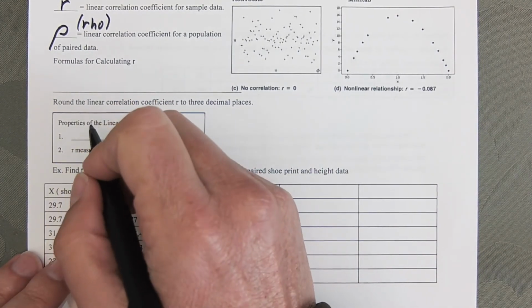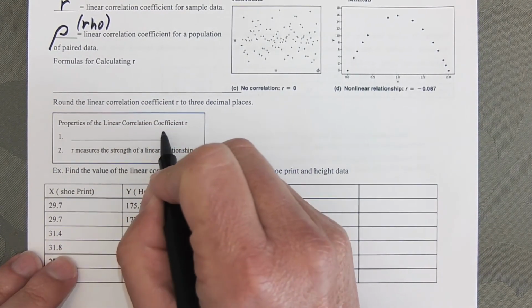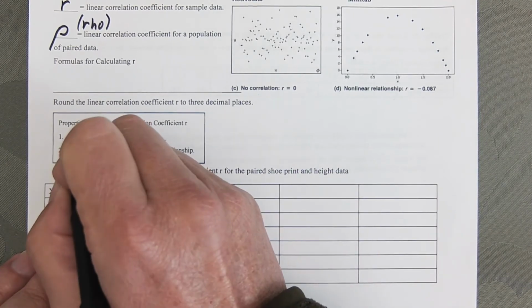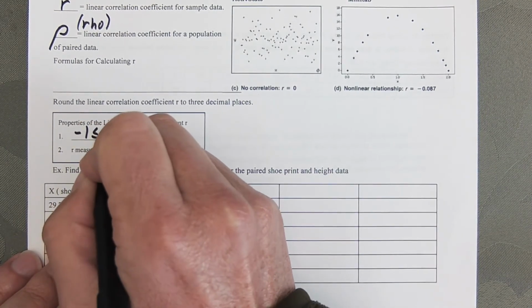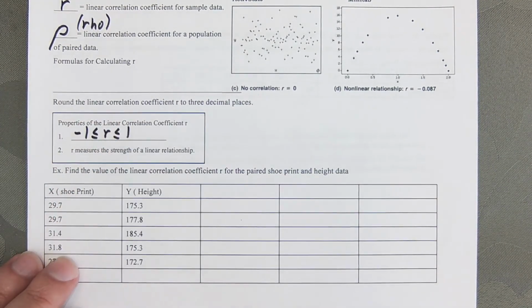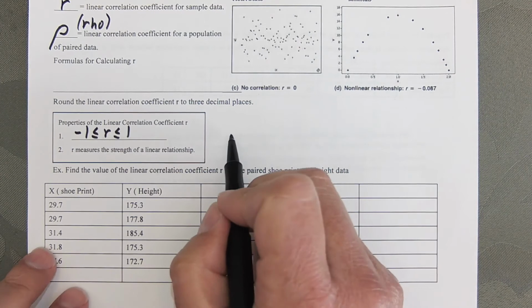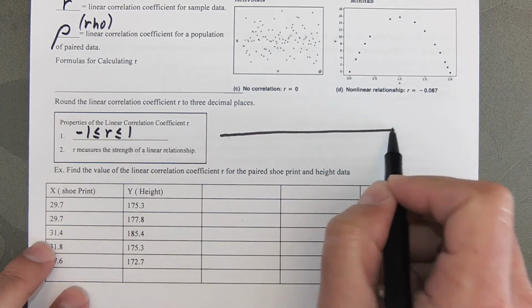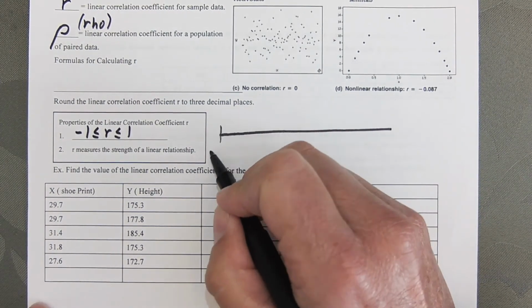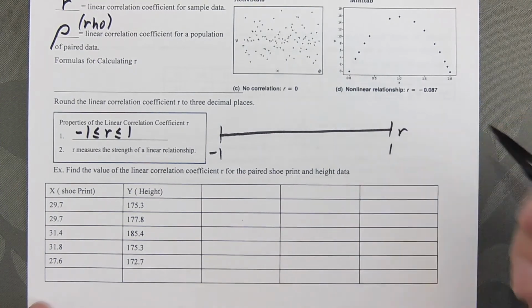And so here, some properties of the linear correlation coefficient r is that it's always going to be between -1 and 1. And it measures the strength of the linear relationship. I'd like to kind of show you how this is going to work. So here's -1 and here's 1. This is r.